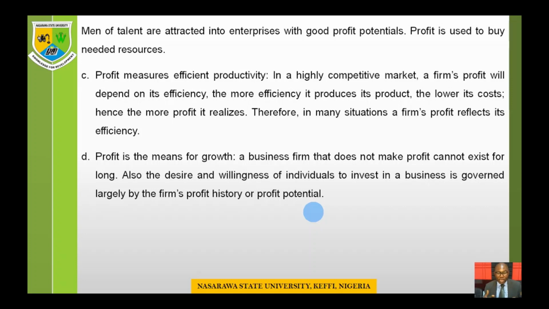So, a firm that is doing well, or an organization that is making good profit, you will agree with me that they have high efficiency. Look at the banking industry, for instance. You see the banks that are turning in large volume of profitability year in, year out are efficient banks.